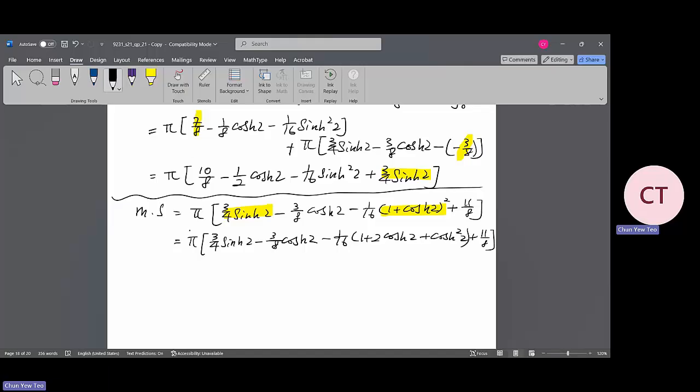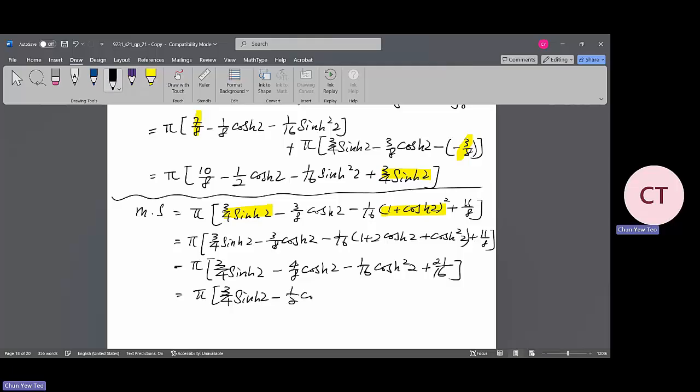If you join it together, you get 3 over 4 sine 2 minus the 1 over 16 cos square 2, and then 22 minus 1 is 21 over 16.